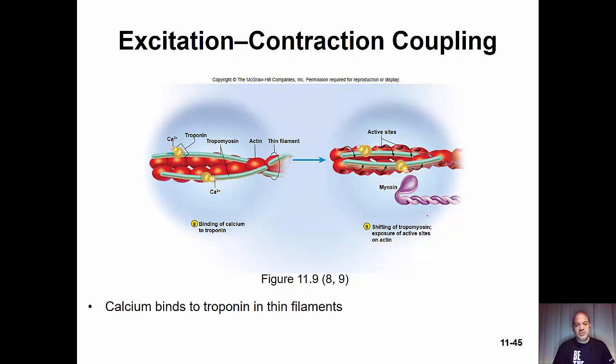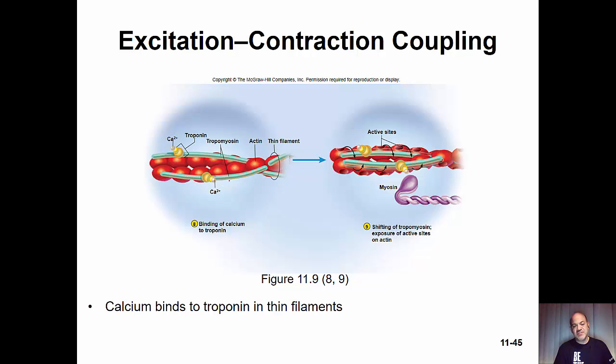And still within the excitation-contraction coupling, what's going to happen here is that calcium is going to go to those thin filaments where, recall, we had the troponin and tropomyosin complex, and the tropomyosin actually covers the active sites along the actin units there.